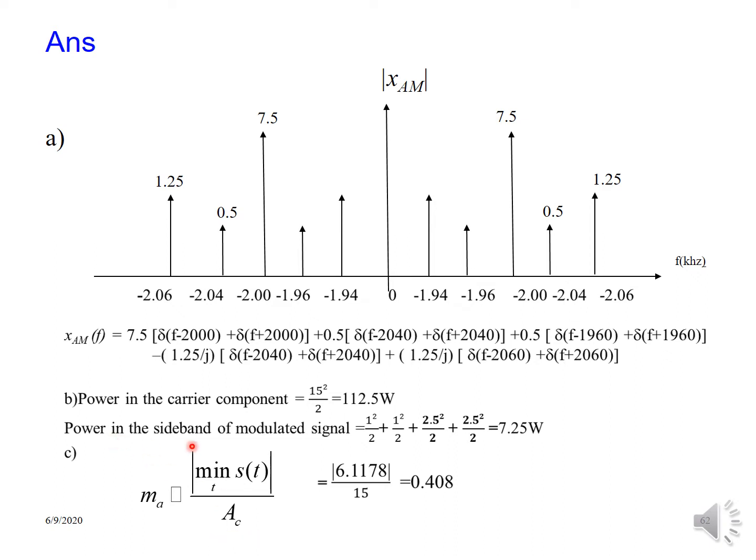For the answer, you already have the modulated signal. You plot it and find the carrier power: 15 and 7.5 multiplied by 2 gives the original AC. This one is already modulated, which means AC divided by 2, and the cos we plot on the positive and negative side.